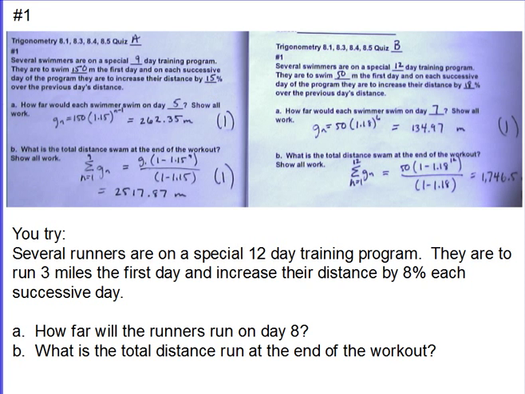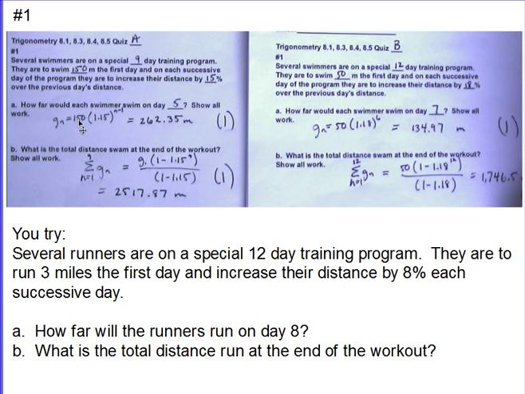So the first question is, how far would each swimmer swim on day 5, or day 7 if you're answering the quiz B question? Since I'm asking for a place in the sequence, this is a sequence type question. So really what I want is the explicit form for a geometric sequence. That'll tell me what's the distance on day 5, or what's the value at position 5.